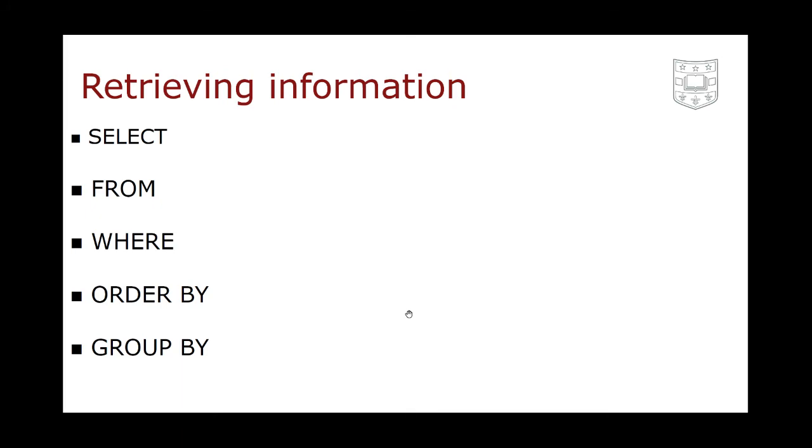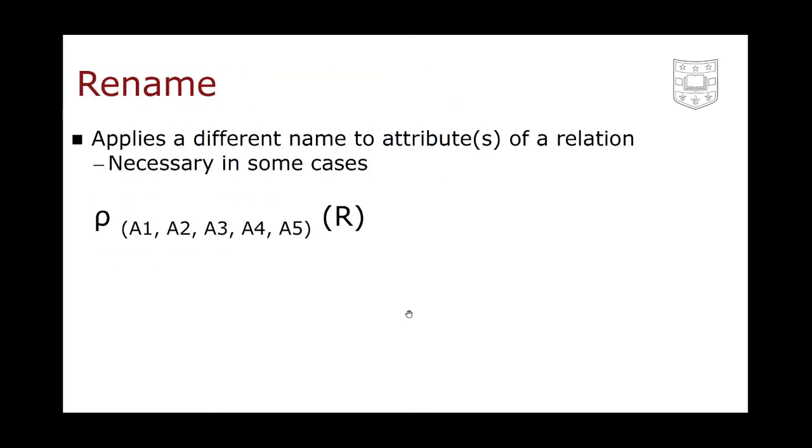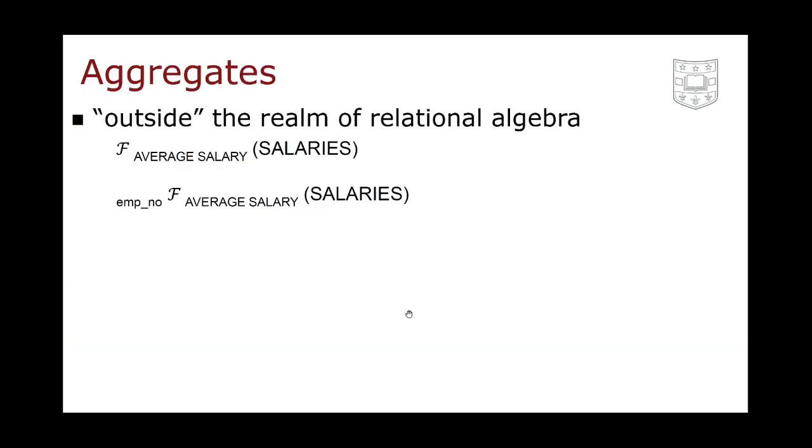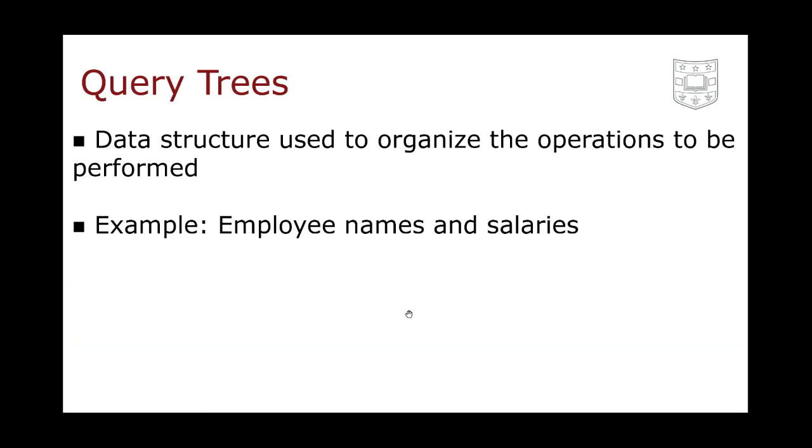And so that all leads us up to the main takeaway from this. I know I skipped a slide. I'm going to come back to that slide in just a second because it's very important. But all of that leads up to the main takeaway from today, which is now that we know these relational operations, I can take a query and I can construct what's called a query tree out of it.